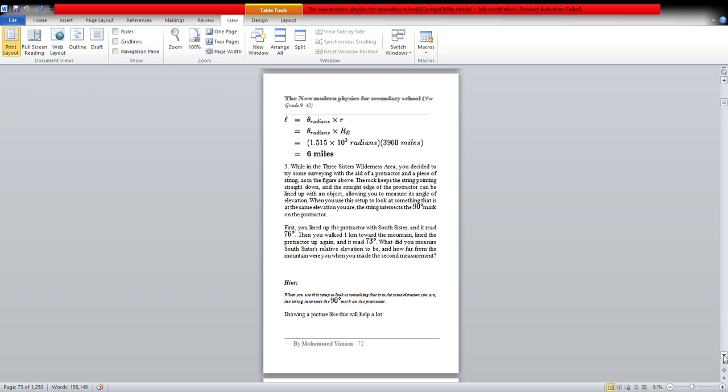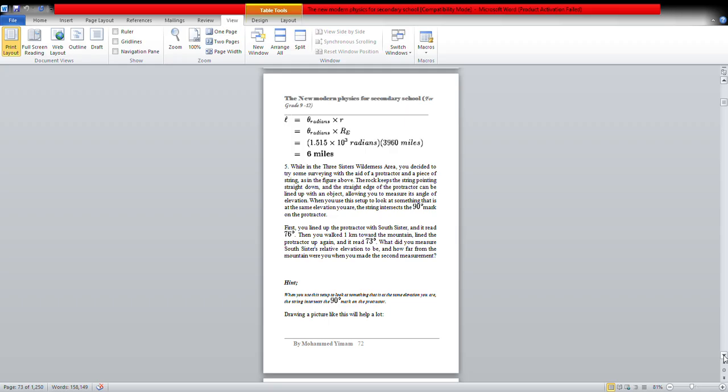First, you lined up the protractor with South Sister, and it read 76 degrees. Then you walked 1 kilometer towards the mountain, lined the protractor up again, and it read 73 degrees. What did you measure South Sister's relative elevation to be, and how far from the mountain were you when you made the second measurement?